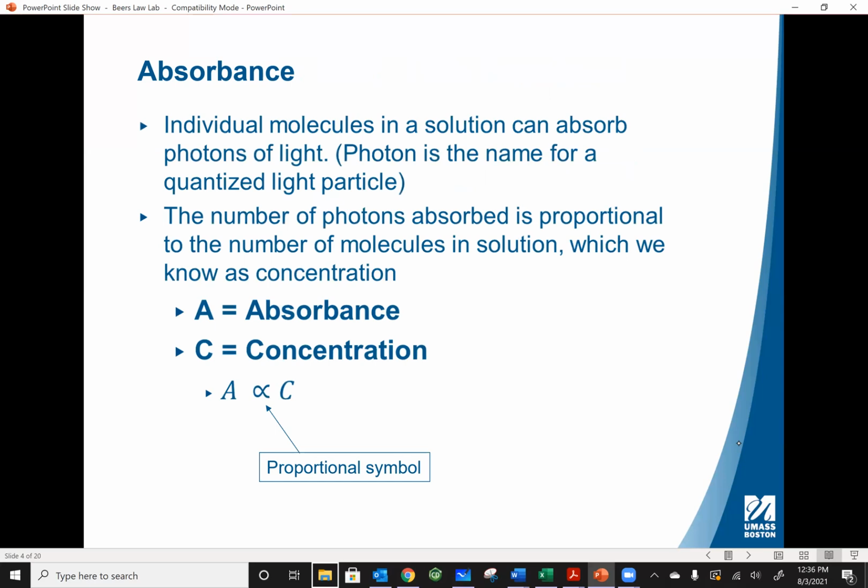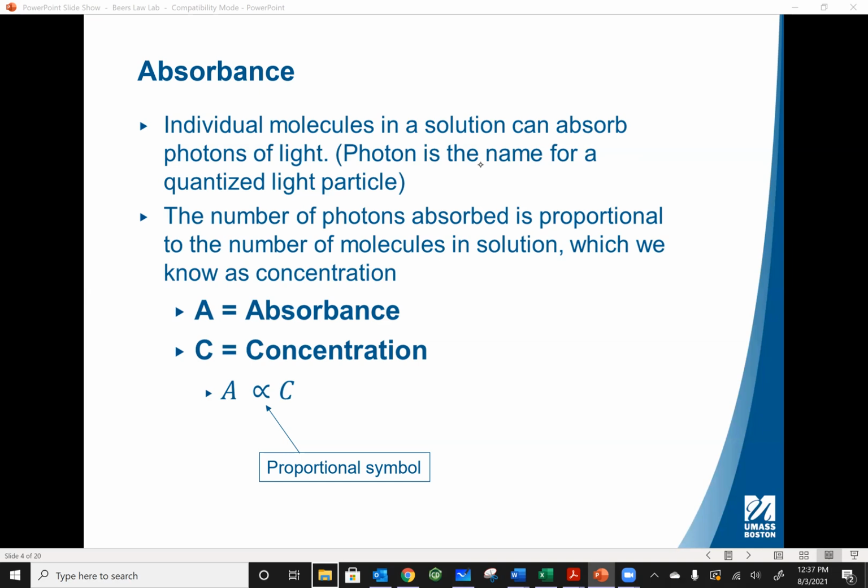Okay. So there are a few things we have to go over today. First, let's talk about absorbance. Every molecule absorbs photons, or electromagnetic waves, in some manner.